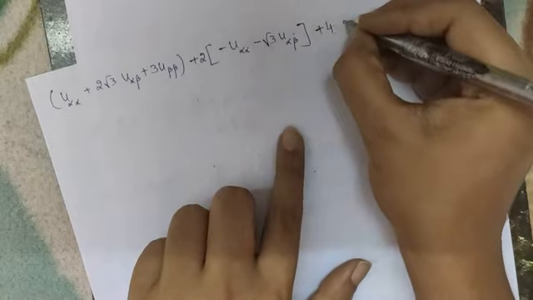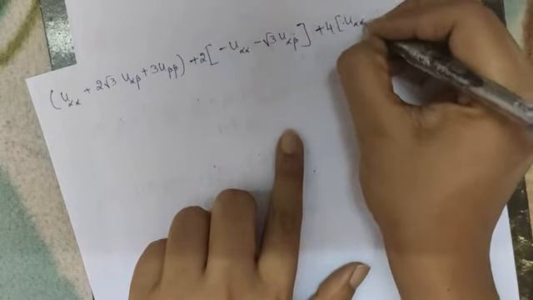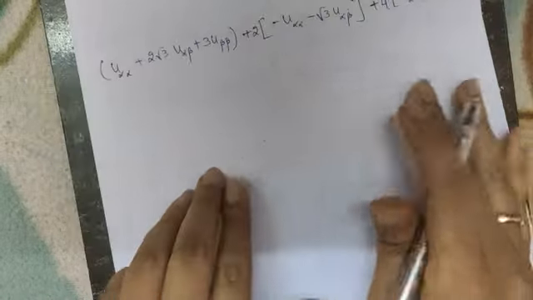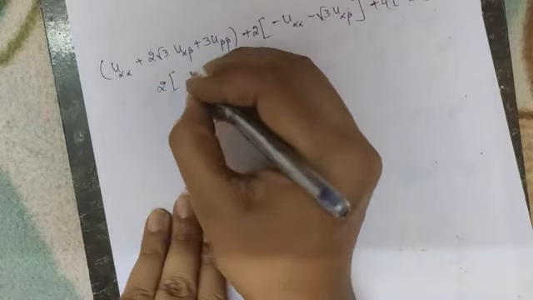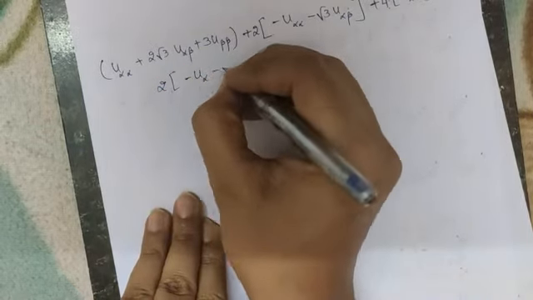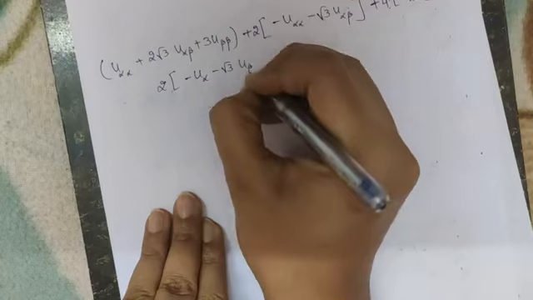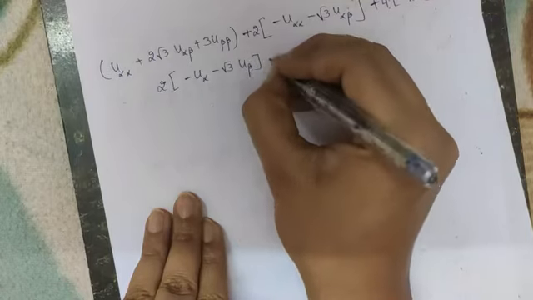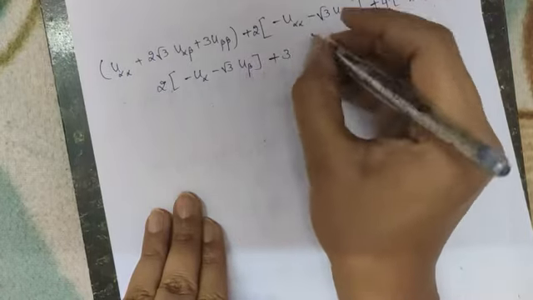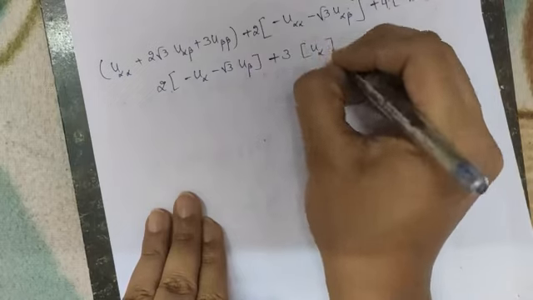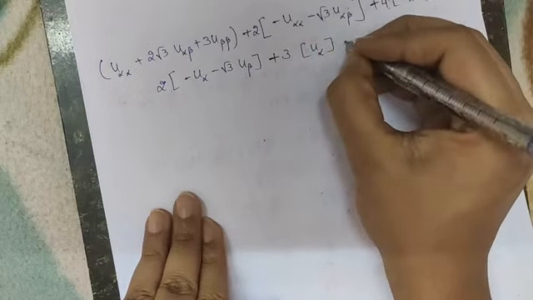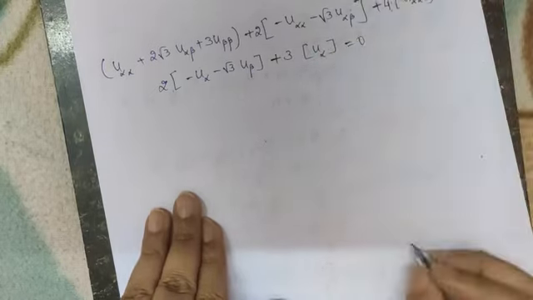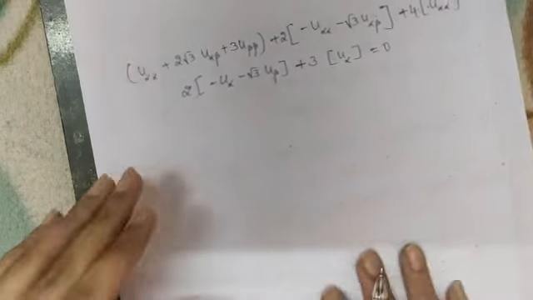Plus 4 into uyy is u alpha alpha, plus 2 into ux is minus u alpha minus root 3 u beta, plus 3 into uy is u alpha, which is equal to 0, right?